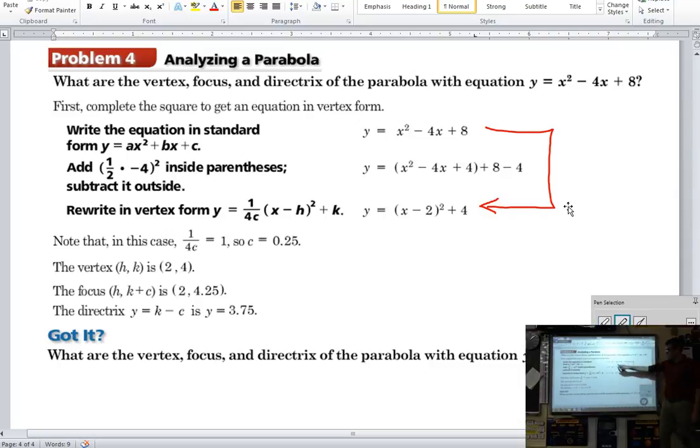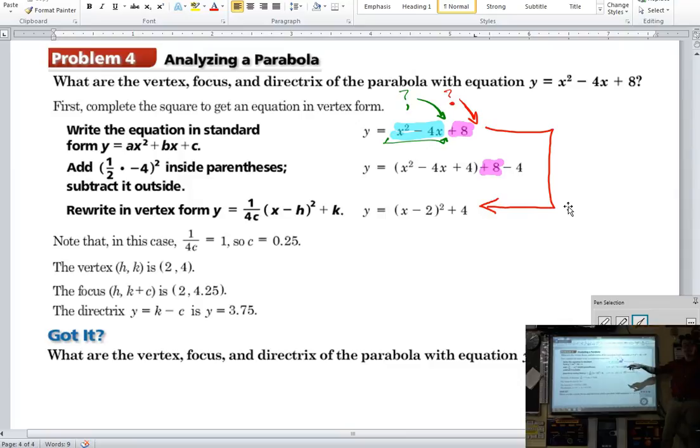So we took this and added some magical things that don't exist yet. I'll highlight this as well, because that's how they do it. They introduced two little magical things that we don't have to start with. They cancel out: negative 4 and positive 4. They're saying take your first two terms and ignore the constant for a minute.